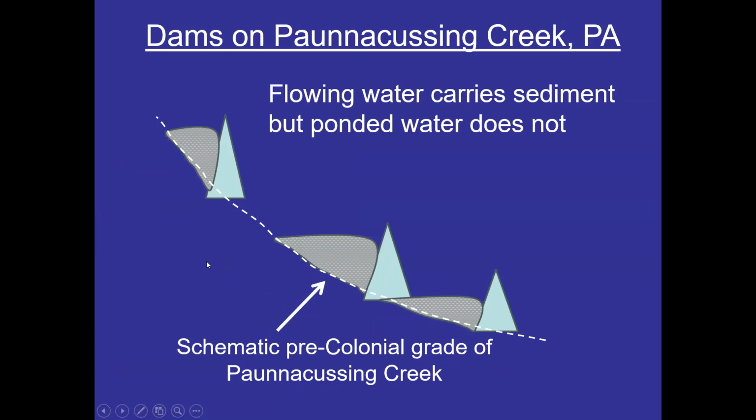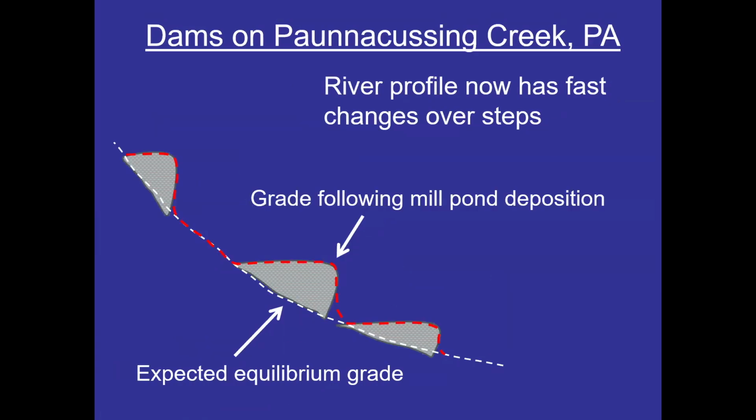Now, in the case of Ponacussing Creek, these dams slowly fell apart over time. Some might have even washed out during a large flood. But when those dams disappeared, the impoundment sediments did not, and we were left with a stepped profile, which is unstable. The river's trying to establish an equilibrium grade line with a minimal amount of slope change at any point.